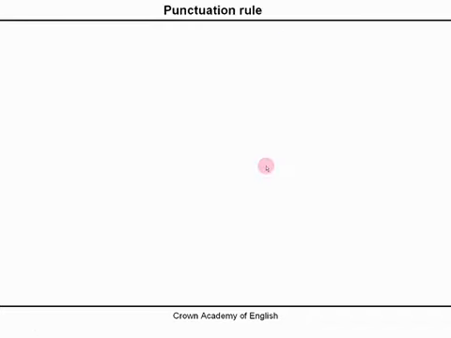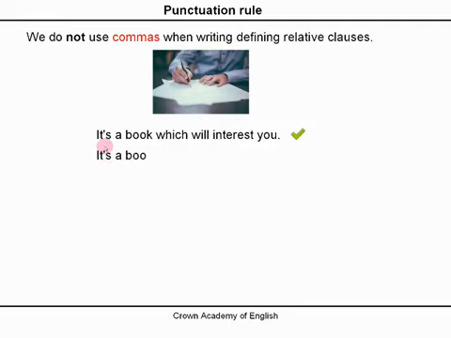It's a book which will interest you. And here it is with a comma. This is the comma here in red. It's a book, which will interest you. So that is wrong. It's a common mistake, so that is why I'm explaining it.